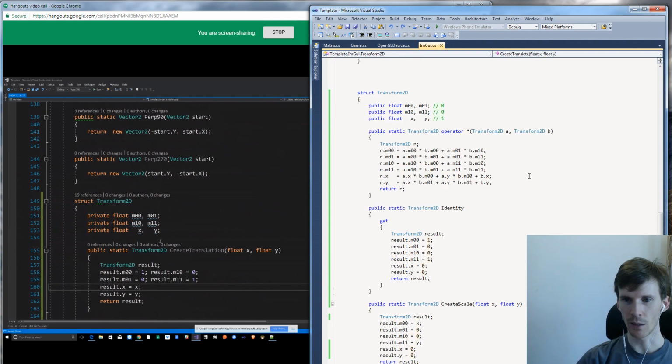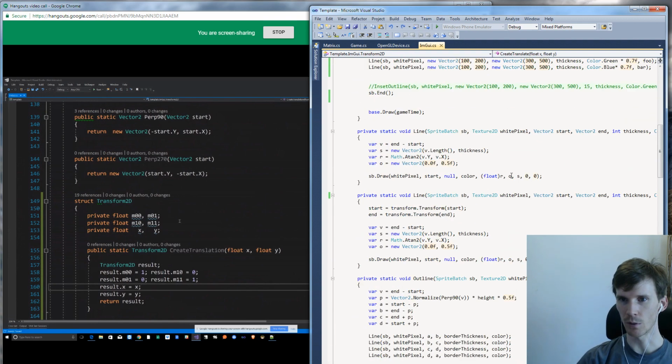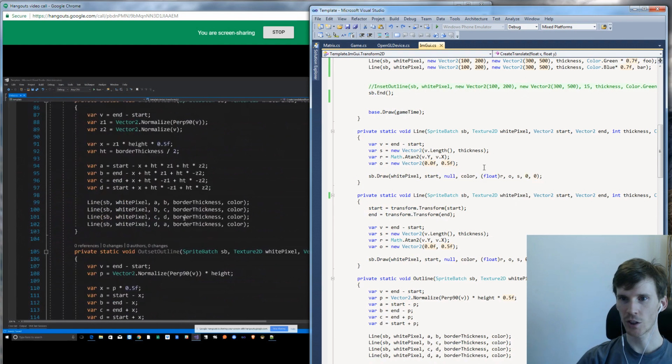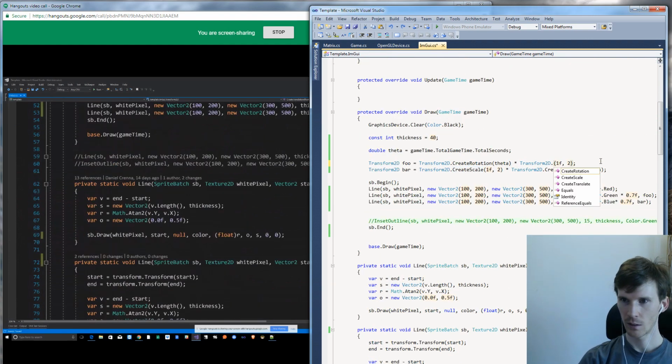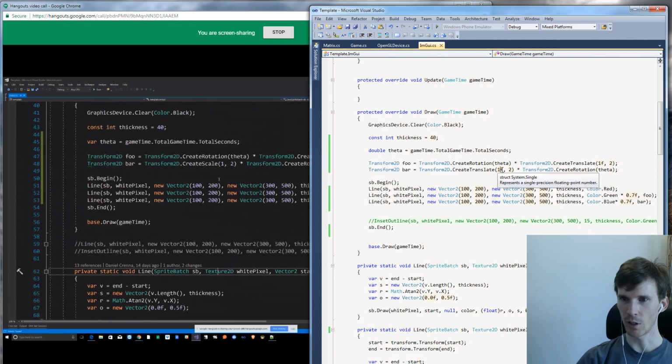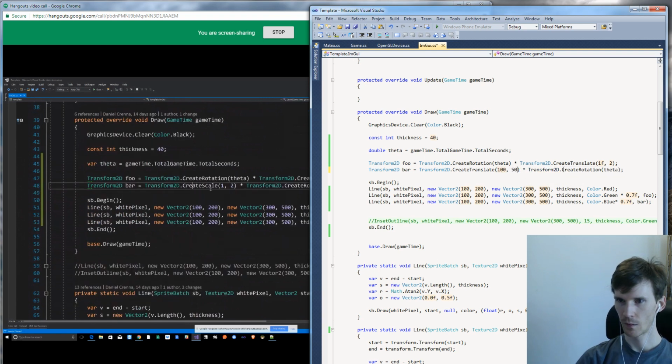Yeah. Let's go all the way up to the top, and this is going to be really simple. Let's change the scale matrix to create translate, and we know that this is 50. Actually, I might go 200 here.